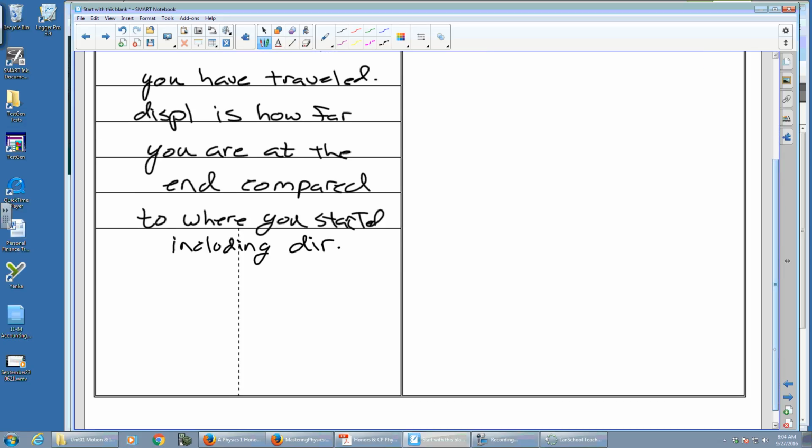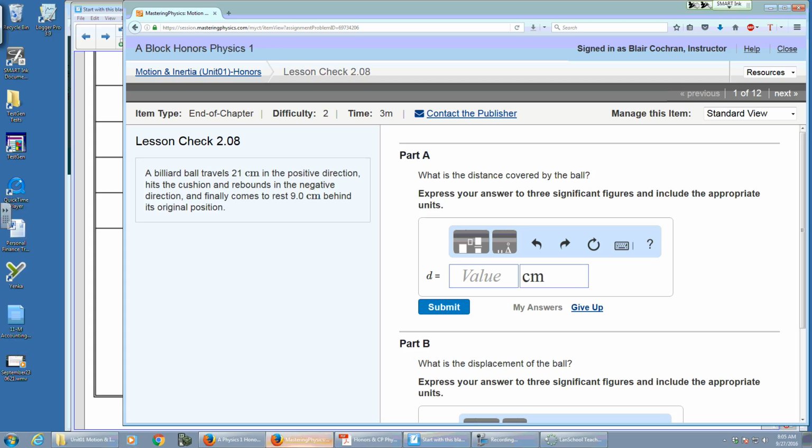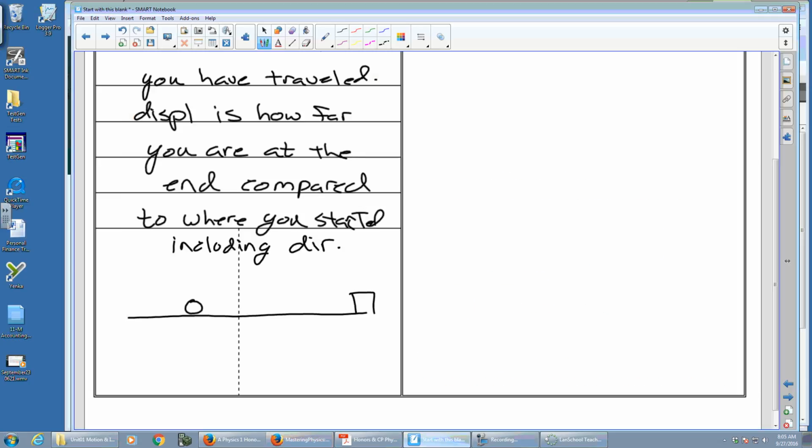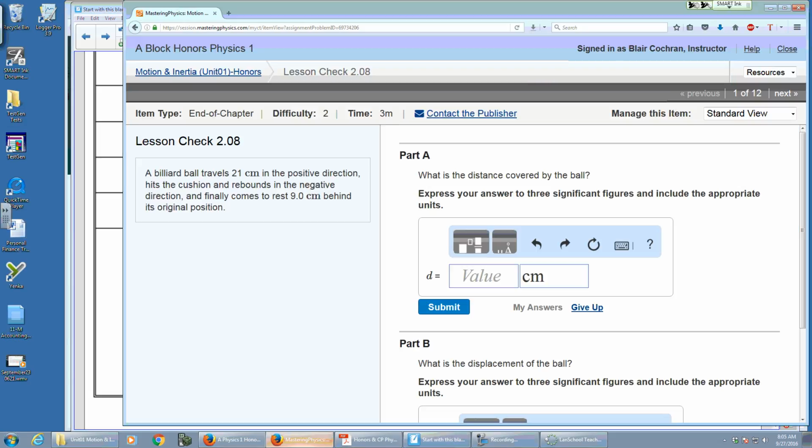All right, so I'm going to do a little diagram here also, just for my own thought process. Uh, 21 centimeters. And 9 centimeters.